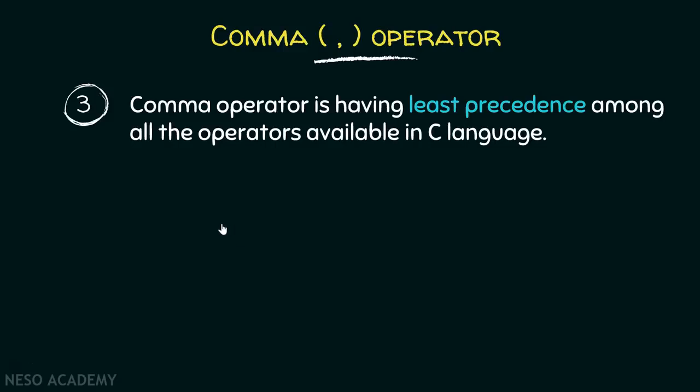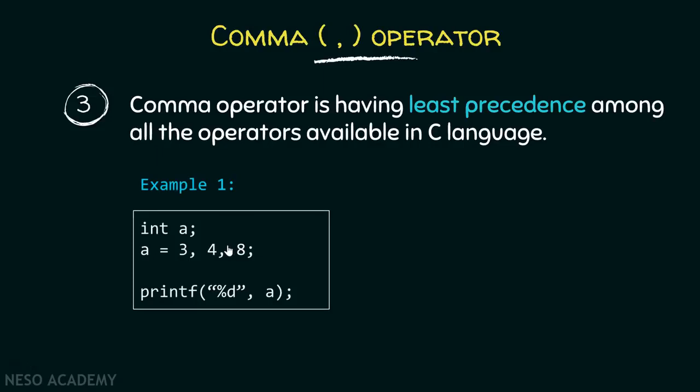Let's consider one example to better understand this concept. Here in this example, I declared a variable a, and to this variable I assigned an expression 3, 4, 8. And I simply try to print this particular variable. You might think the output is 8 because comma operator will return this value, which is the rightmost value, to this particular variable a.